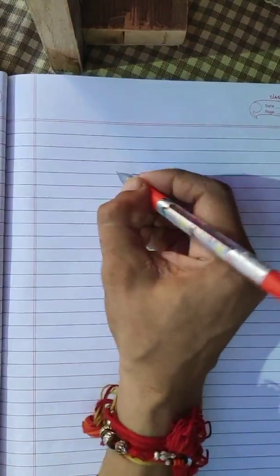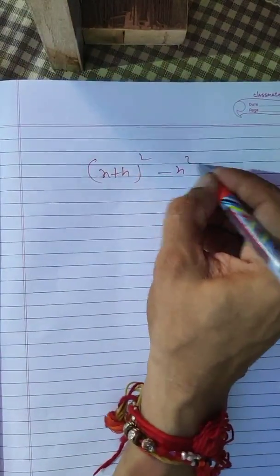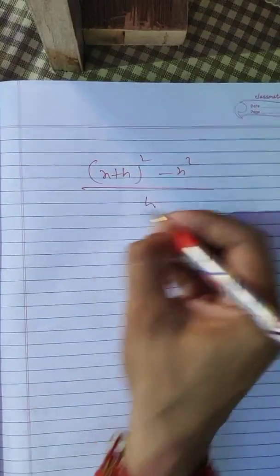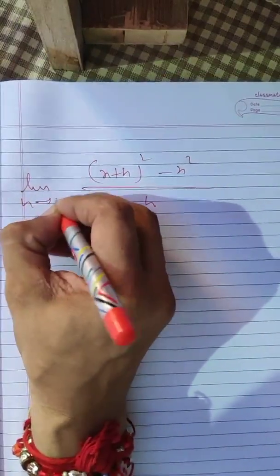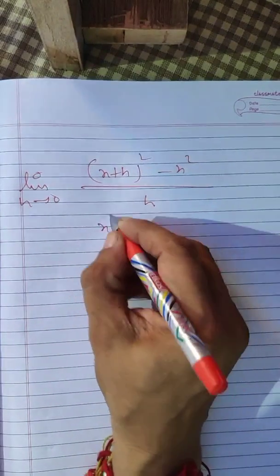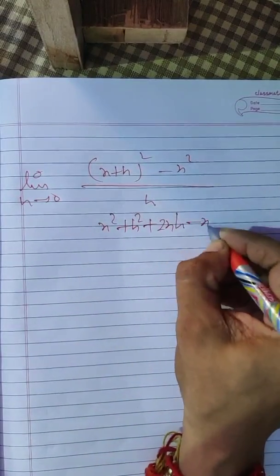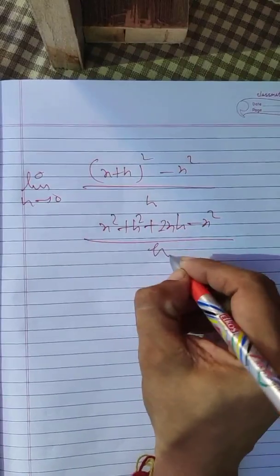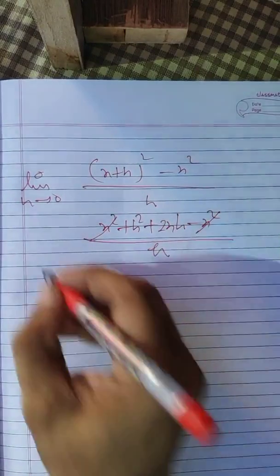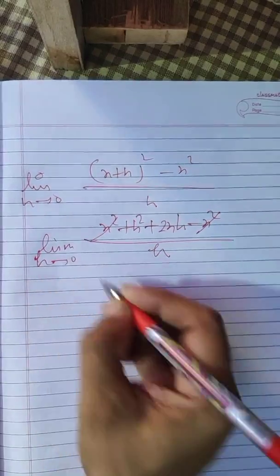Well, I have to go into the next page. Here we have (x plus h) square, I'll resolve this one, minus x square over h when limit h tends to 0. On solving this one, we get x square plus h square plus 2xh minus x square over h, and these two x square are gone. The limit is still existing, that is h tends to 0.